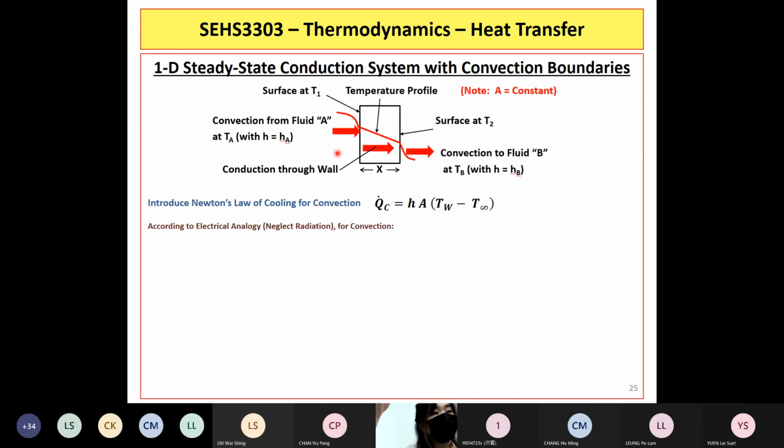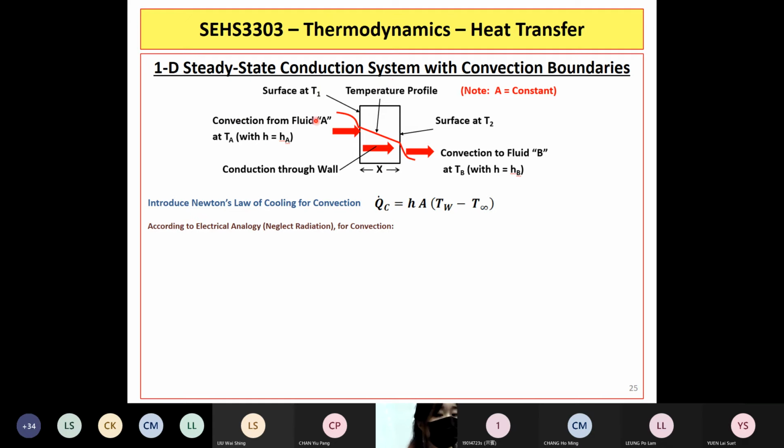So we have a temperature difference at the two surfaces. Definitely, conduction through this wall will happen. That is, we have convection boundaries in this conduction system.